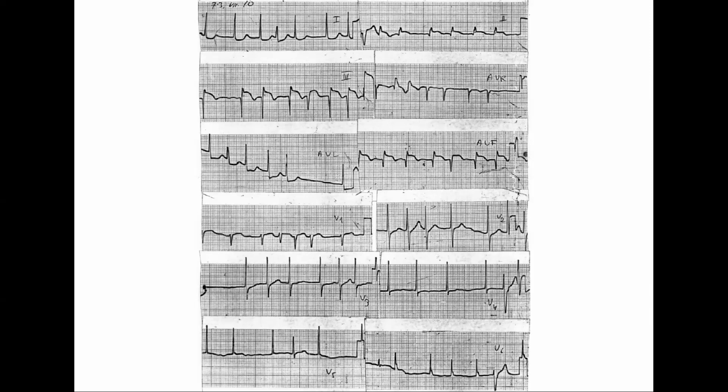Next one. Pathological Q wave. Can we see pathological Q wave? Yes, we see it in lead 3, and in aVF as well. And ST elevation as well. What does the ST elevation indicate?